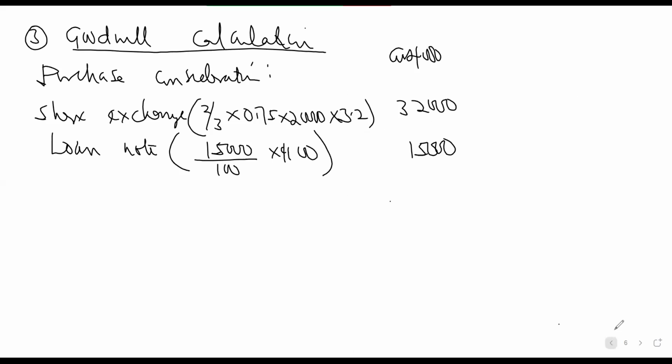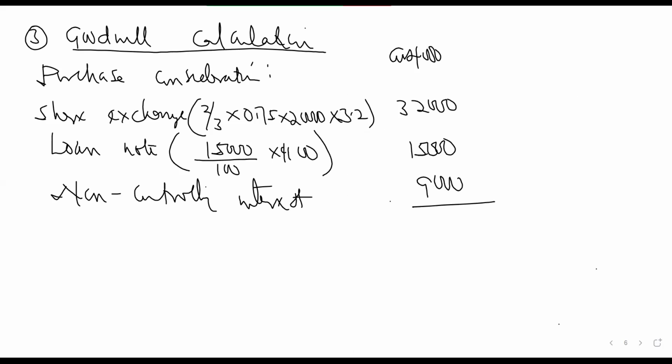So what you do is that after getting the non-controlling interest, you can now find your goodwill. So you have your non-controlling interest here, you add it here, and you bring the total net asset. That will give you 9,000. What will be the total value of the entity? 56,000.